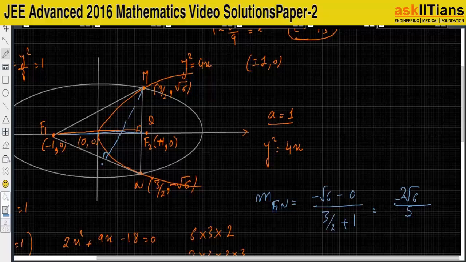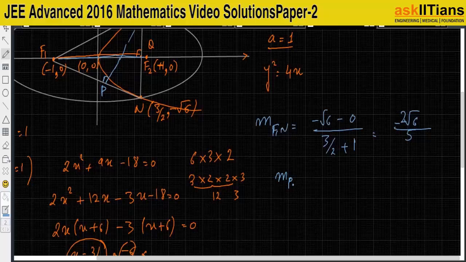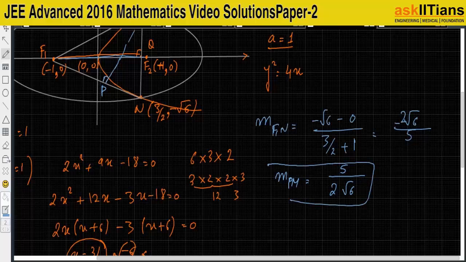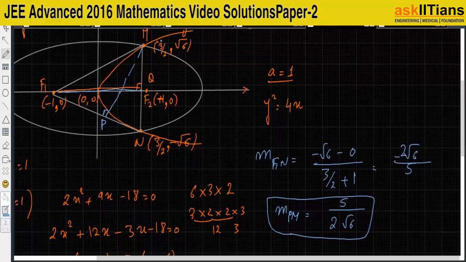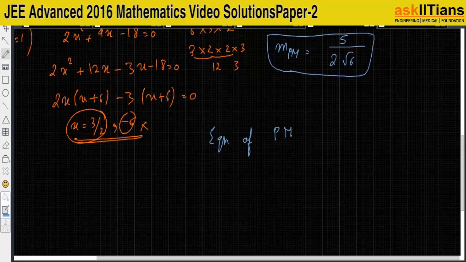Now if I say this point is suppose P, right? So what will be the slope of MP? MP is perpendicular to F1N, so the slope of MP or PM will be 5 by 2 root 6, right? This will be the slope of that altitude. Now I can easily write down the equation of that altitude because I know one point and I know the slope. So I can write down the equation of MP. That will be how much? Equation of PM, right?